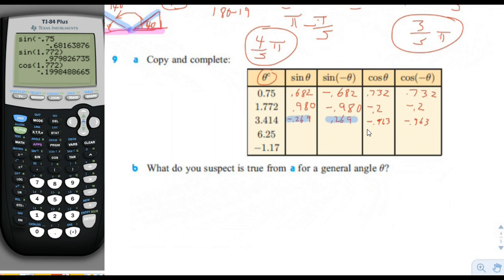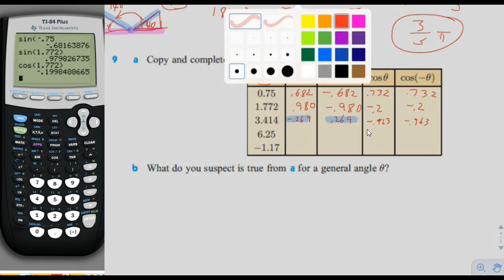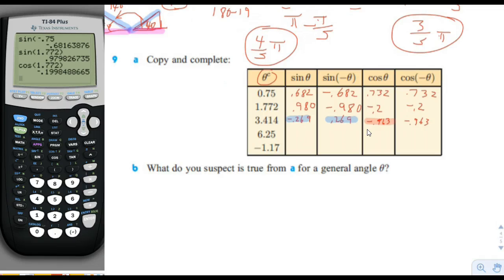As you start filling this in, you'll notice a pattern that the sines are giving you opposites, and the cosines are giving you the same numbers. Now let's see if this makes sense with our little triangle exercise. If we have an angle theta, and we take the negative of that angle instead, that would just flip it over that way. Does it make sense that the sine is suddenly negative?